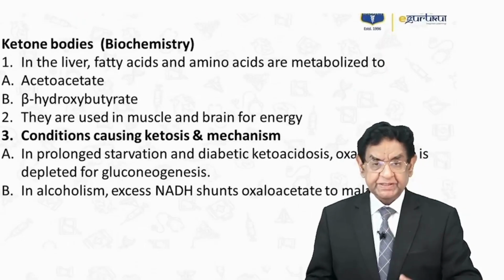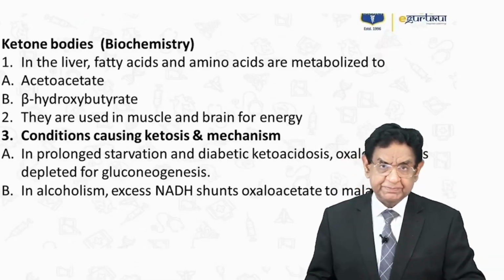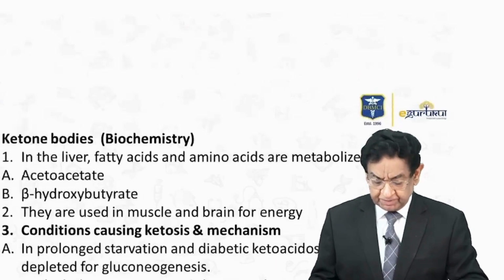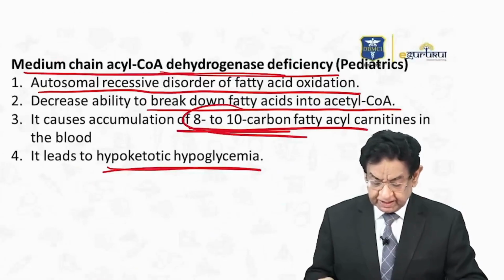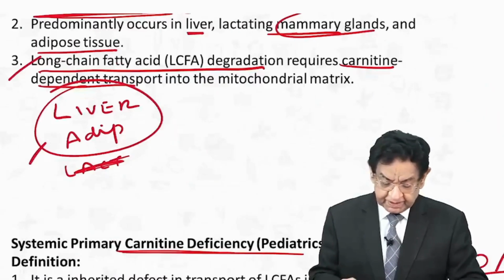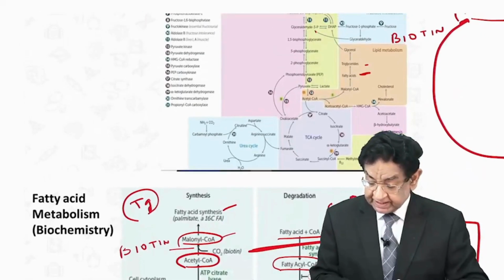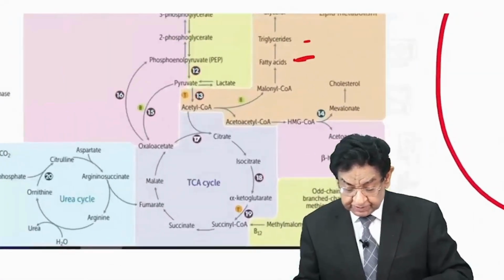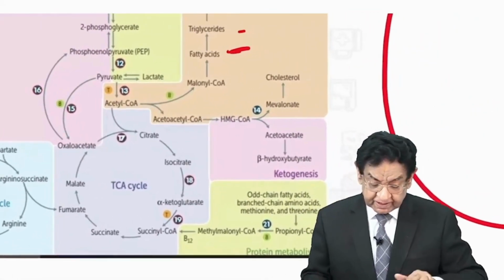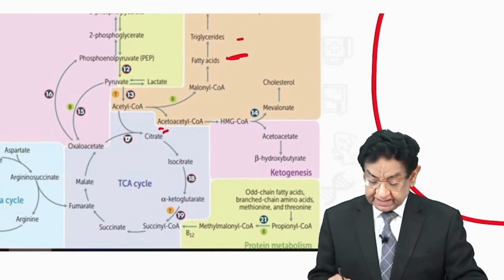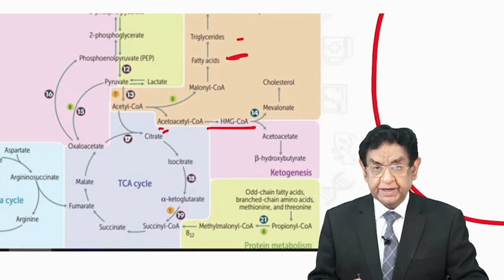Now ketone bodies. We looked into ketone bodies, but before I go on, let me refresh your knowledge of the basic concept. We read about it in this particular slide, a lovely slide, and I told you that acetyl coenzyme A gets converted into acetoacetyl CoA. This gets converted into HMG-CoA.